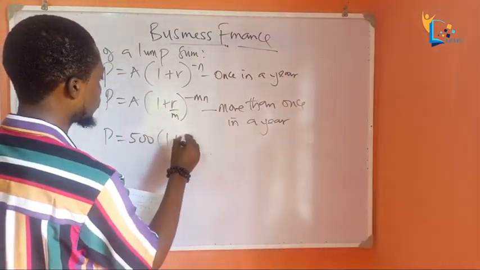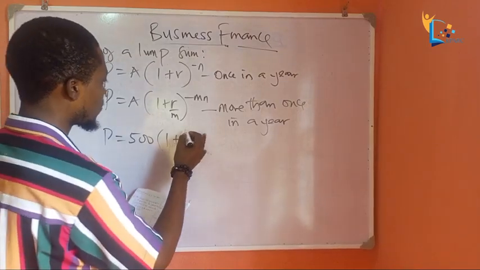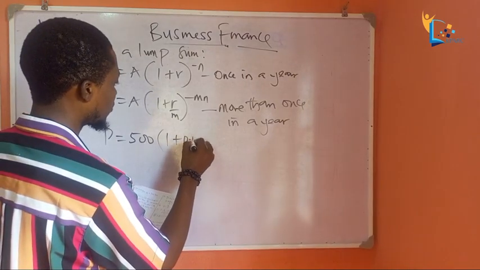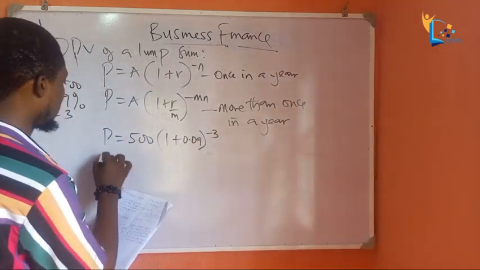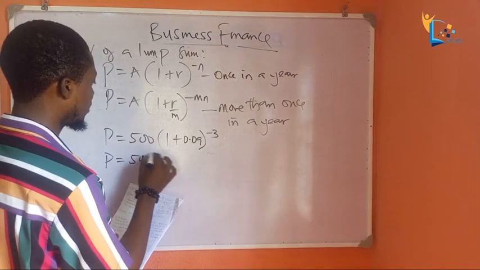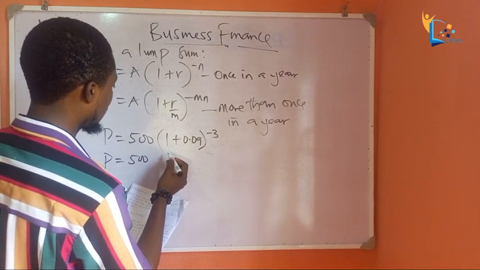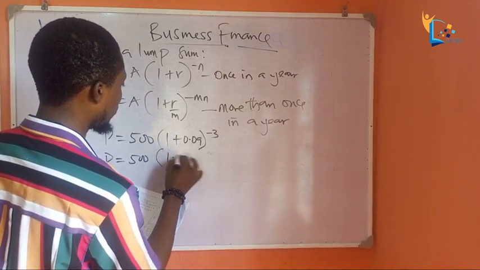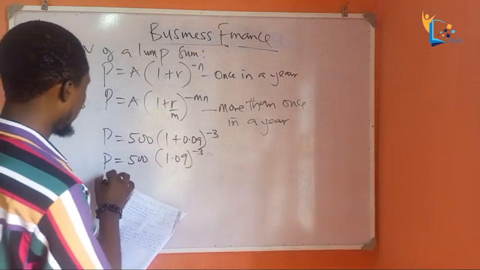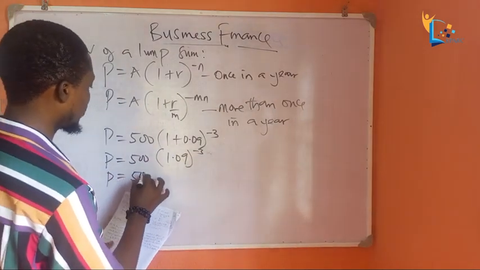We have 1 plus 9%, which is 1.09, raised to power minus 3. So P equals 500 times 1.09 raised to power minus 3.